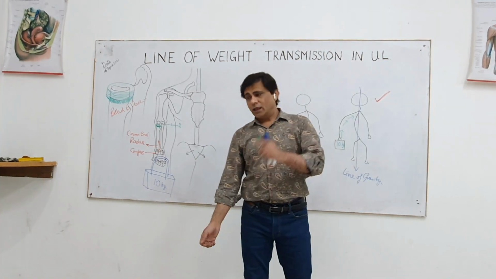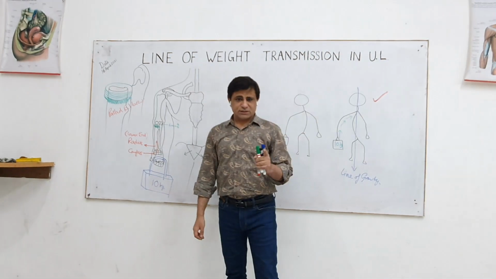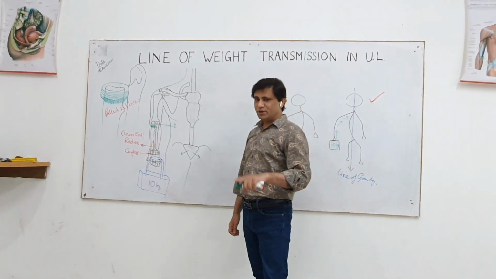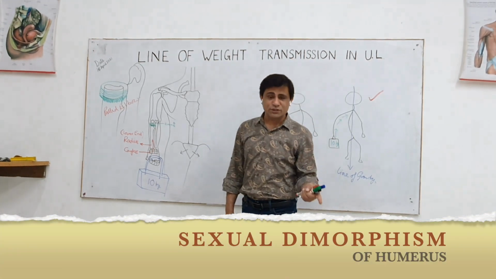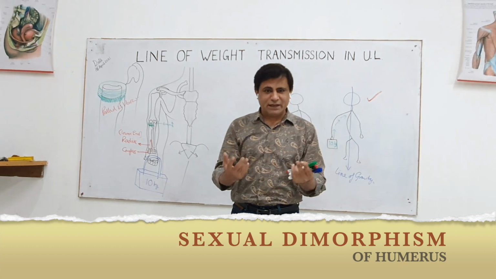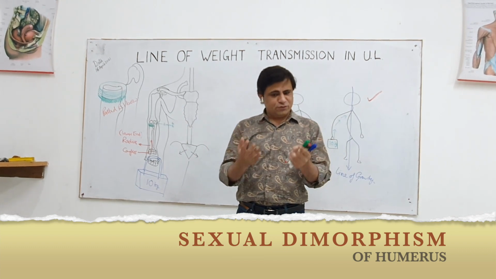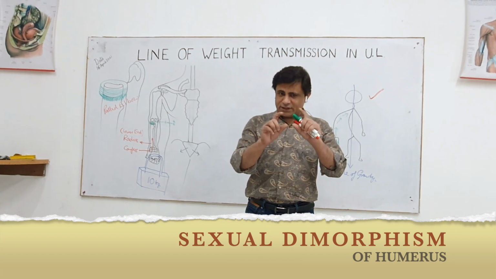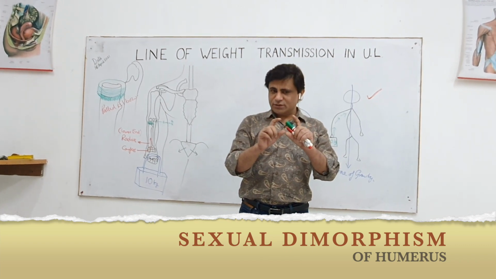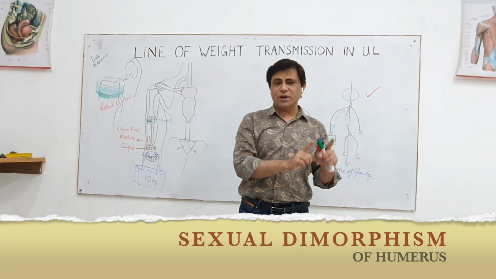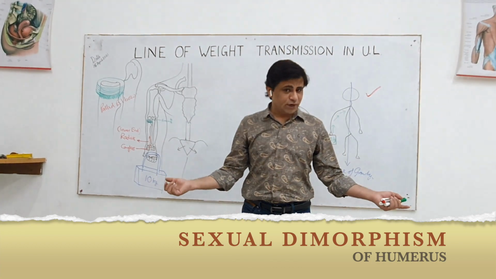Got it? One other point you get from this is that this medial flange of the trochlea also helps you with sexual dimorphism of the humerus. If you have two humeri, let's say from male and female cadavers, and you have to decide which one is female, just look at the medial flange of the trochlea. The medial flange of the trochlea will be more in the female humerus because the carrying angle is more in females.